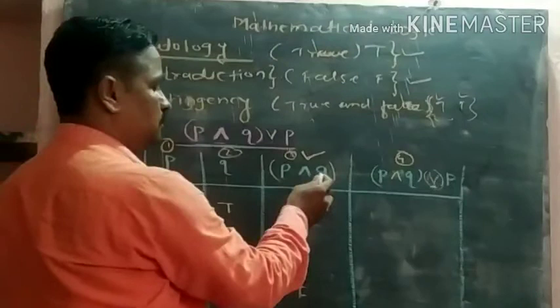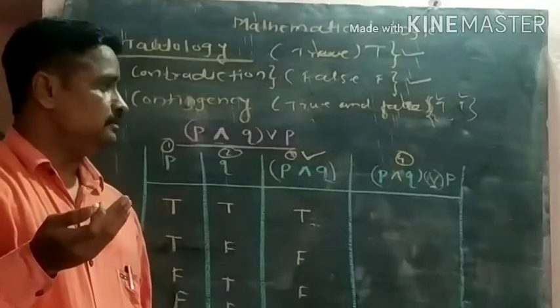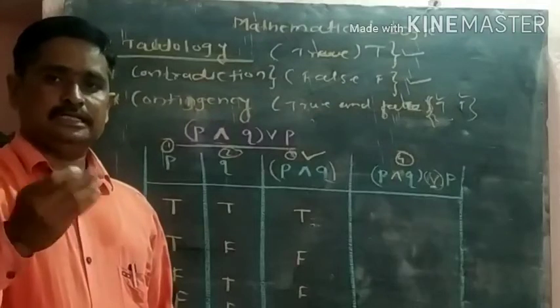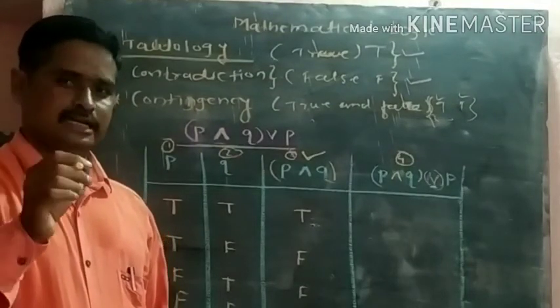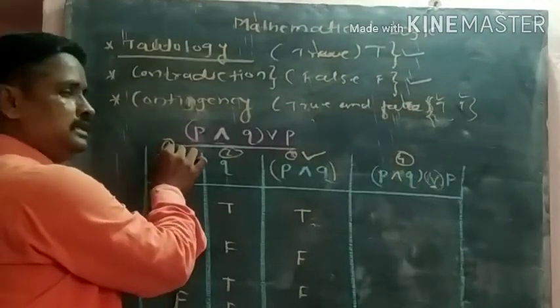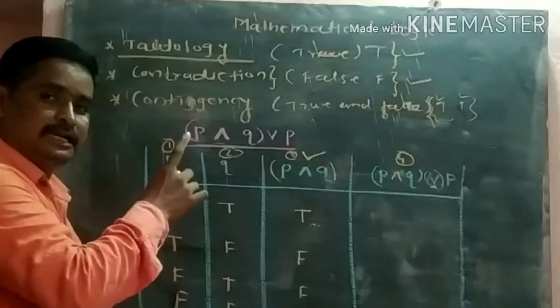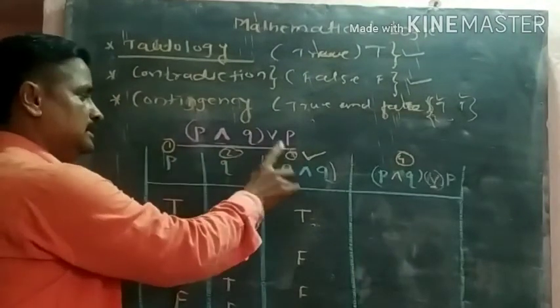So we know the disjunction table, it is a standard table. That means disjunction contains only one F, when both the values are F. So observe column number 1 and 3 and take a disjunction operation on column number 1 and 3.